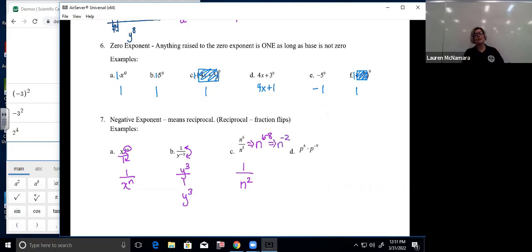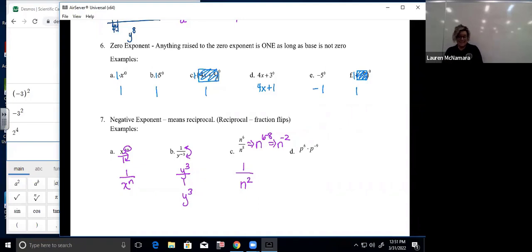Well, you don't leave exponents negative. You have to write them as positive. So since I have n to the -2, that fraction has to flip, and I get 1 over n squared. For me, when I'm simplifying that though, I just look at where's my highest exponent of n. It's in the denominator, so n stays in the denominator, and I don't make anything negative.